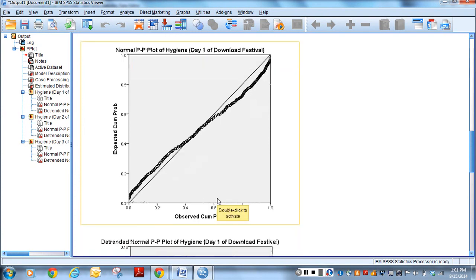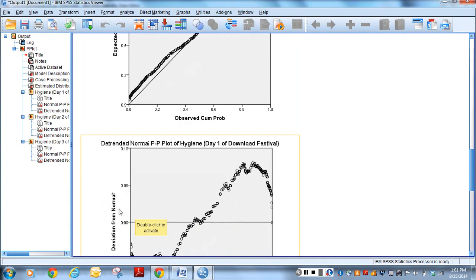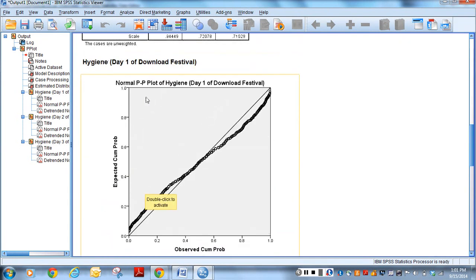So in order to examine the PP plots, I want to look at the normal PP plot of hygiene. Not the detrended normal PP plot, but the normal PP plot of hygiene. This is day 1. And we want our plots to fall as closely as possible along this diagonal.